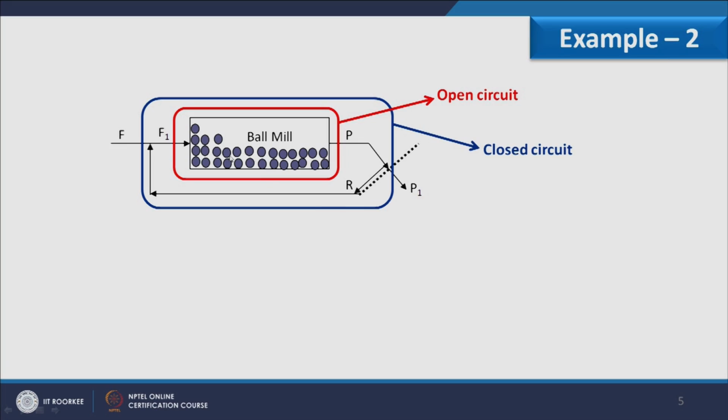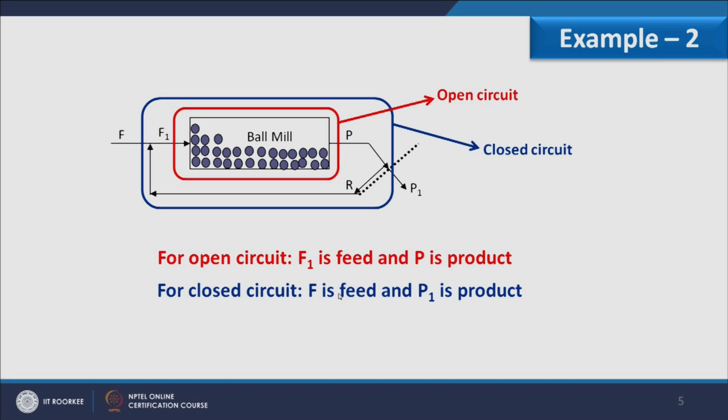So, for the closed circuit, the inlet is capital F and the exit is P1. To calculate power consumption for the open circuit, I have to focus on F1 and P, where F1 is the feed and P is the product. If I consider the closed circuit, then F is the feed and P1 is the product. I hope you understand what open circuit and closed circuit mean in a crusher problem.